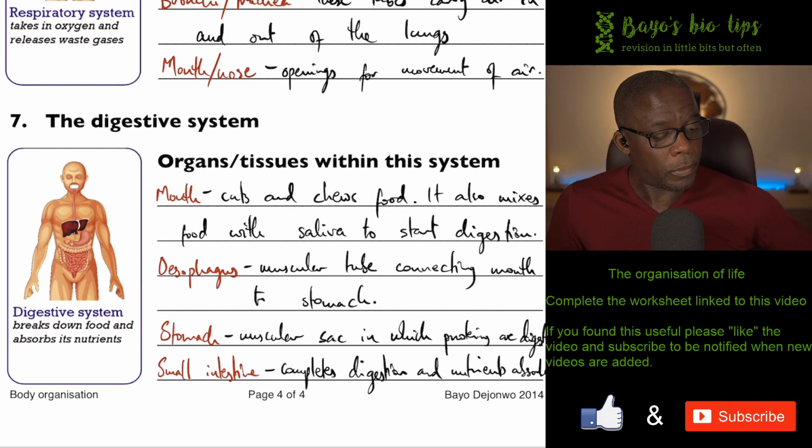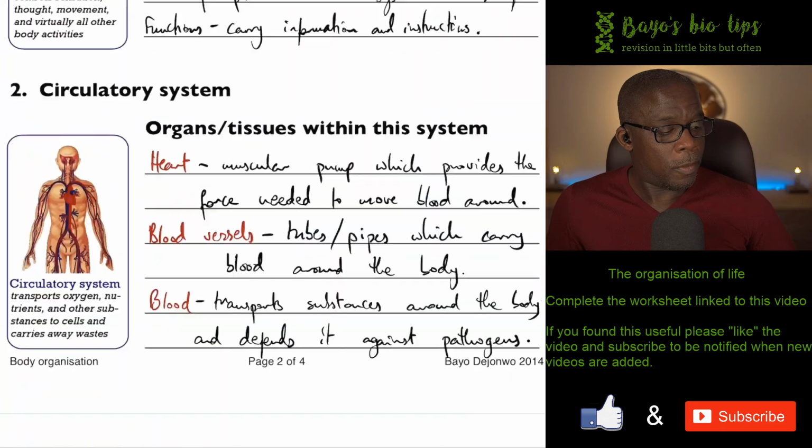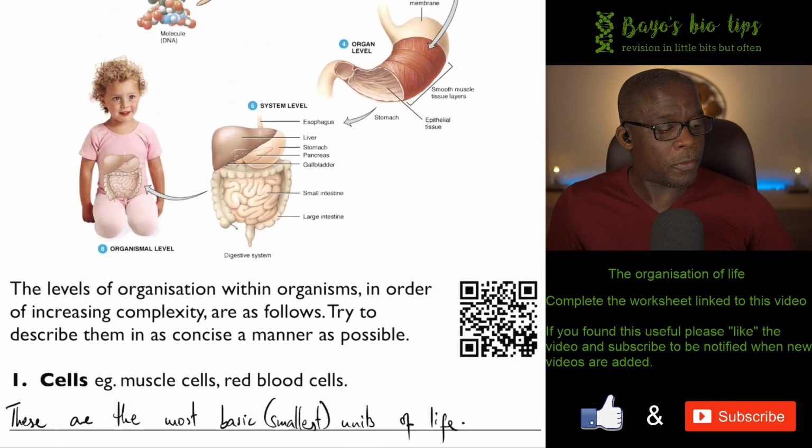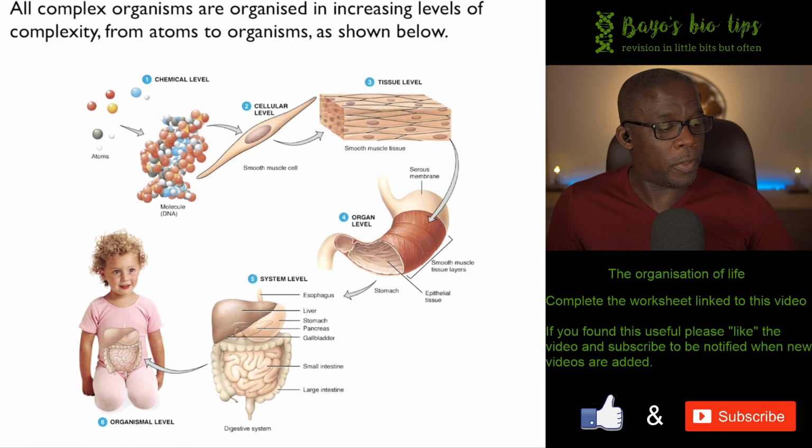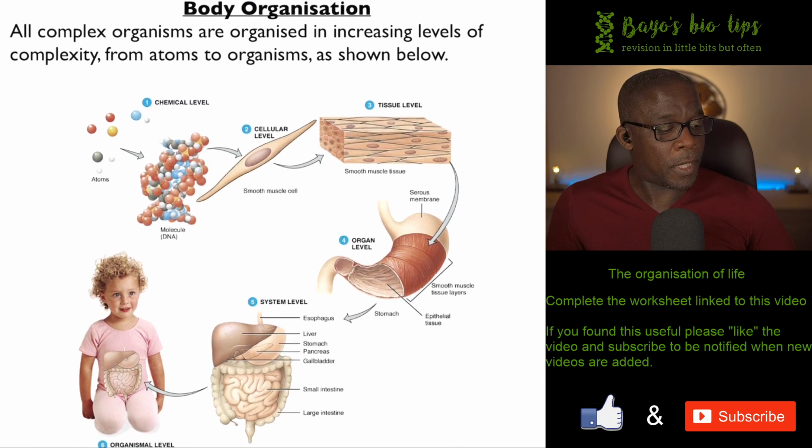So far we've looked at the organization of life from cells through tissues to organs, organ systems, and then organisms. And so beyond that, we then talked about the fact that, in fact, all living things are made up of cells.